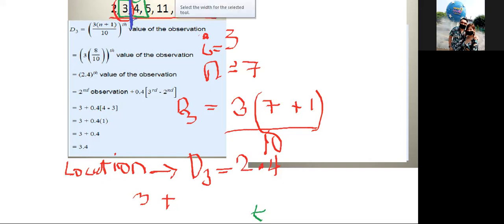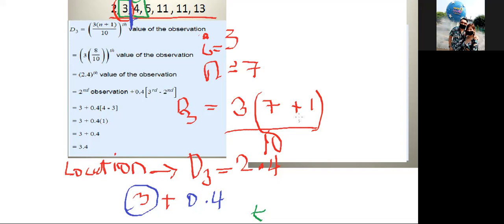Okay, so our 2.4 observation is in the middle. So next you need to, this is the second one, so I just wrote it here, 3 plus 0.4. So where did I get 0.4?